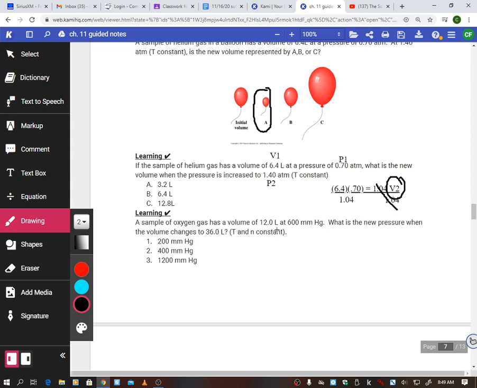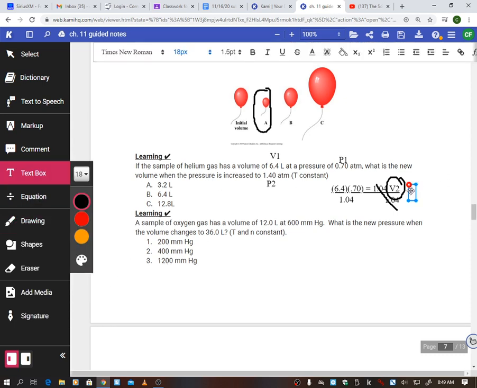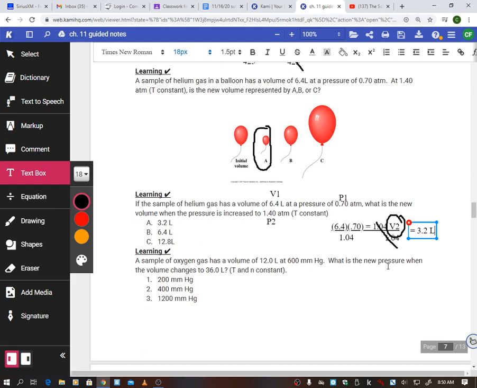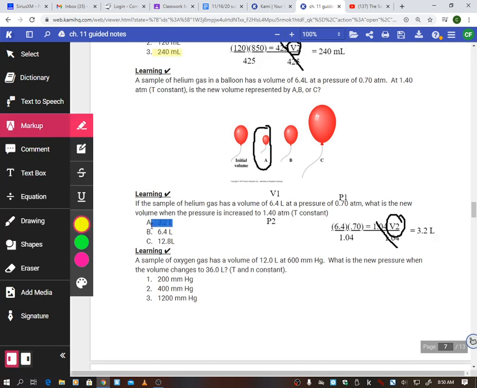And I'm going to take 6.4 times 0.7 divided by 1.4, and that equals 3.2 liters. Now it's in liters. If you look up here, this one was in milliliters because that's what the problem gave us. This one we started with liters, so my answer will be in liters. I could change it, I could convert it, but they don't ask me to. So my answer is going to be A.